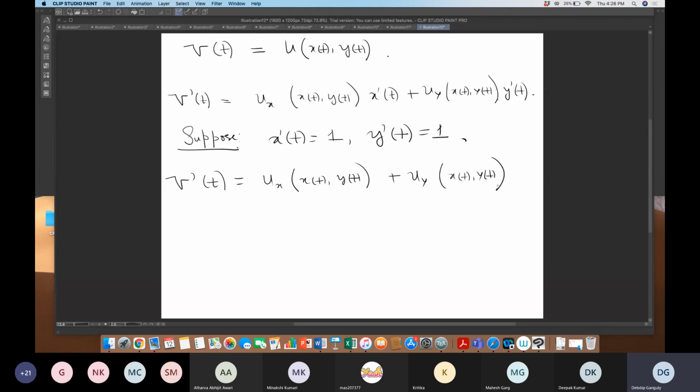Yes or no? Now suppose u is the solution. Then what will this be equal to? You have to be careful, we are doing this along this curve only.